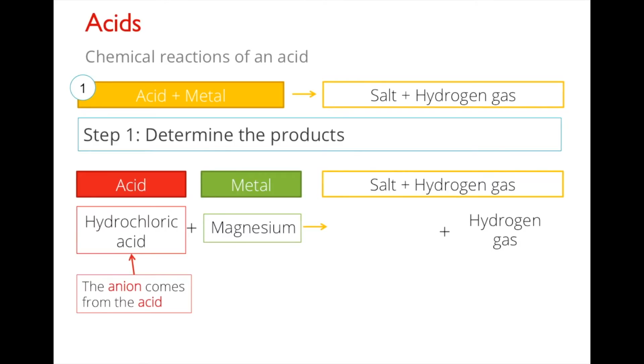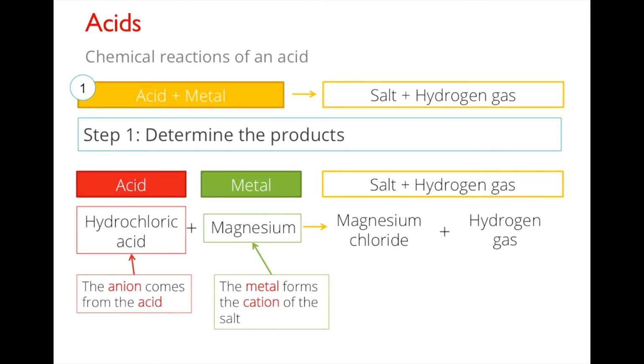The anion comes from the acid, whereas the cation comes from the metal. So what do I mean? The salt would be magnesium chloride, okay, where magnesium came from the magnesium metal and chloride came from the hydrochloric acid. Okay, so if I write it down, maybe it's clearer.